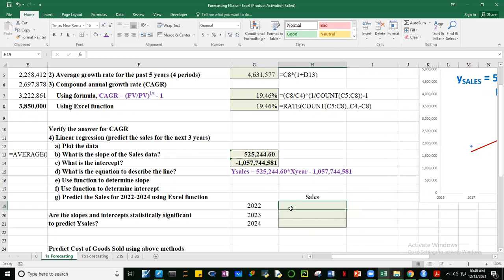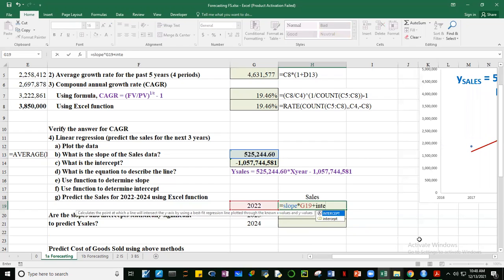To predict the sales for 2022, Y sales is equal to the slope times the year, our X, plus the intercept. That's our equation. Slope times the year plus the intercept.